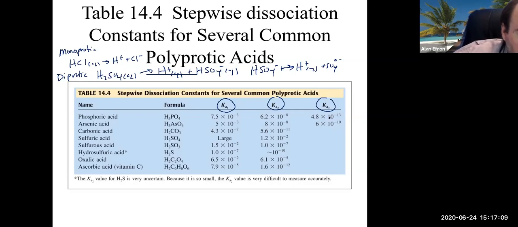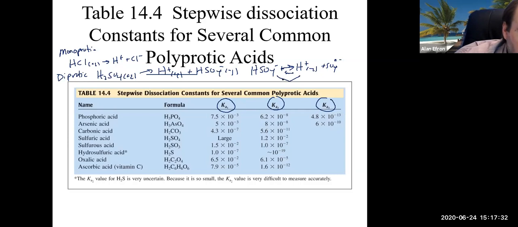Now, sulfuric acid is a strong acid, and that's why it doesn't really have a K value for the first H that comes off, but the second one that comes off is a weaker acid, and you do have an actual value for it. This 1.2 times 10 to the minus 2 would be representative of this part of the dissociation process happening right here.